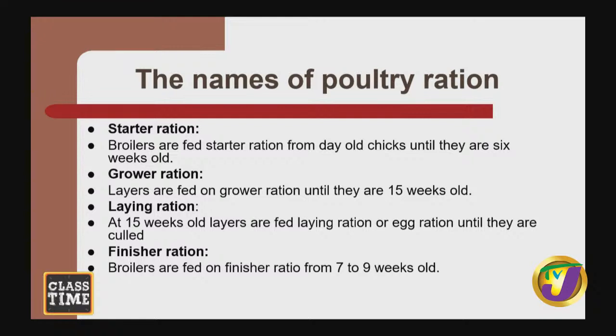And the finisher ration is given to broilers from when they are 7 to 9 weeks old. But usually, students, for us here in Jamaica or in the Caribbean, we are taking out our broilers at week 5 or week 6. So therefore, we need to know which ration to buy for the broilers that we are raising at our schools. Good?